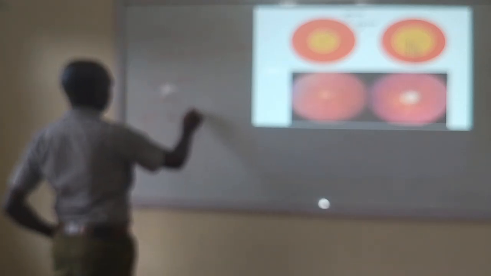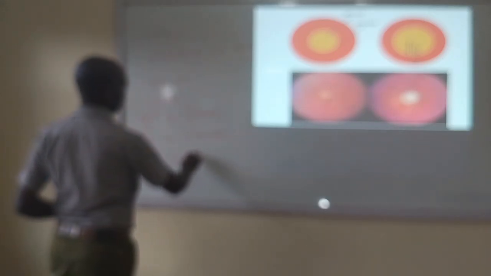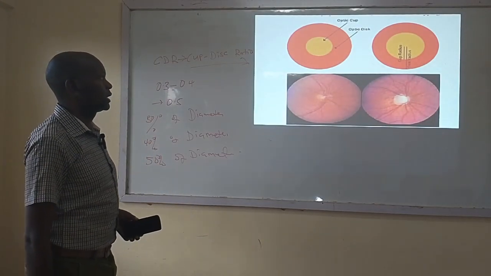0.3 can also just mean 30% of the total diameter of the optic disc. So that is 30 to 40% of the entire diameter. Within this range, that is normal. If you get something, let's say 50% of the normal diameter, then we are talking of changes in the optic nerve, particularly to do with intraocular pressure.